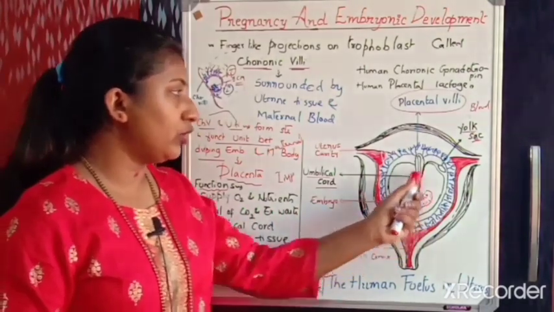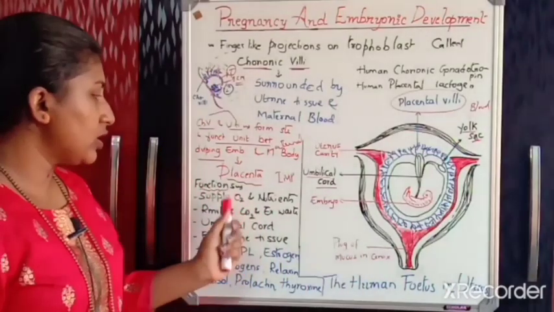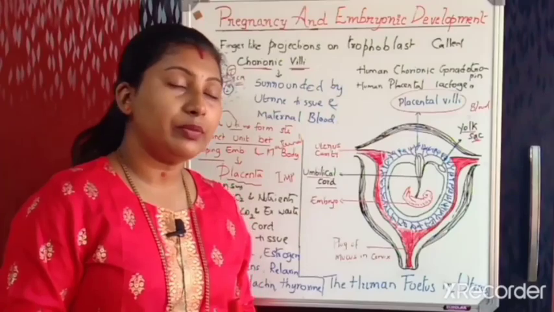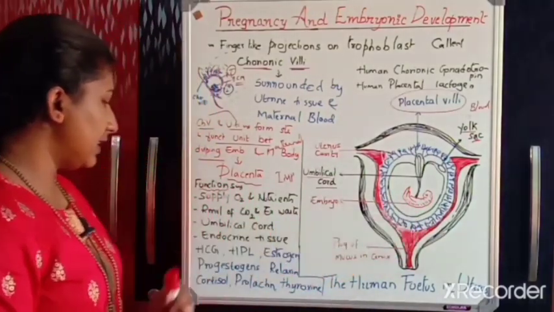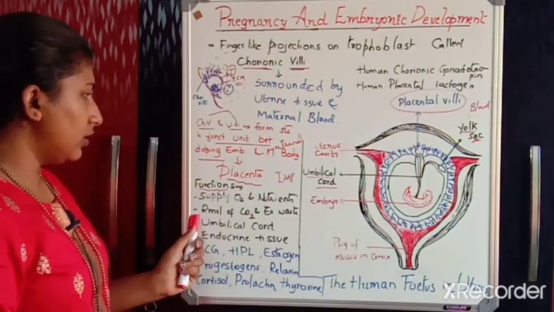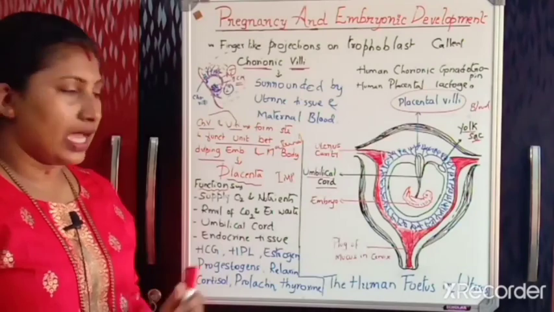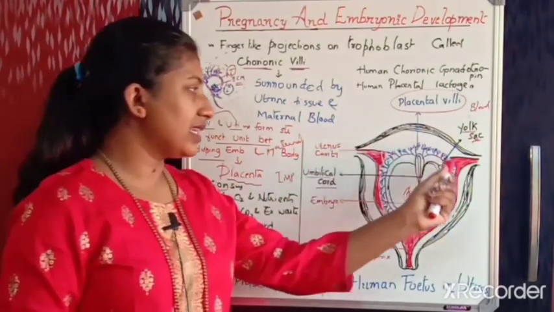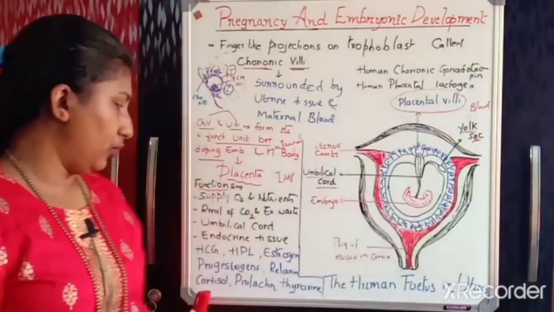From the embryo to the maternal body. Why? Because the carbon dioxide and waste products will be produced inside the embryo, right? They have to be removed, so for that also the placenta is important. It is also connected to the umbilical cord. As I mentioned, the placenta is connected to the umbilical cord, and this umbilical cord is connected to the embryo.